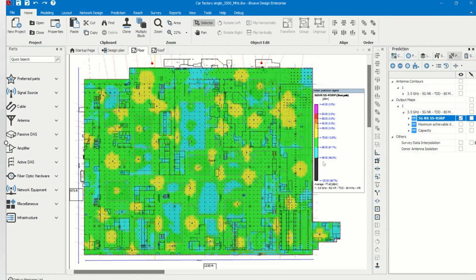First of all, we see that we do not have 100% of coverage that is negative 96 or higher. There are some pockets of what we see as a black area, which is the area of outage. It is very difficult to design for 100% coverage.